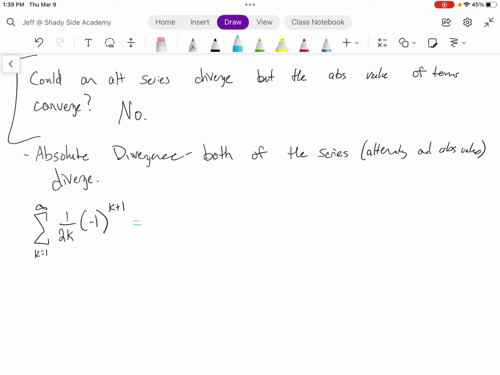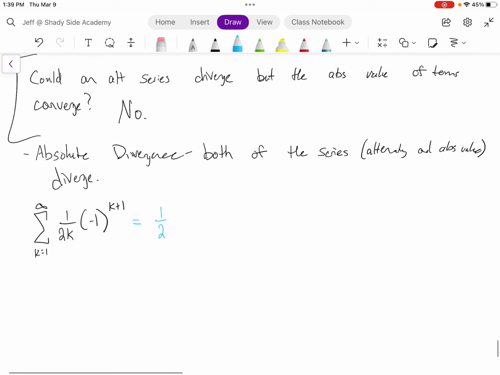If I wanted to list the terms in blue, the first term when k is 1 is going to be 1/2, and then the second term is going to be minus 1/4, and then plus 1/6, and then minus 1/8, and then plus 1/10, minus 1/12, dot dot dot. We get the pattern. So that's what that series is going to look like. And we could show a number of things. We're going to show that this thing converges conditionally.